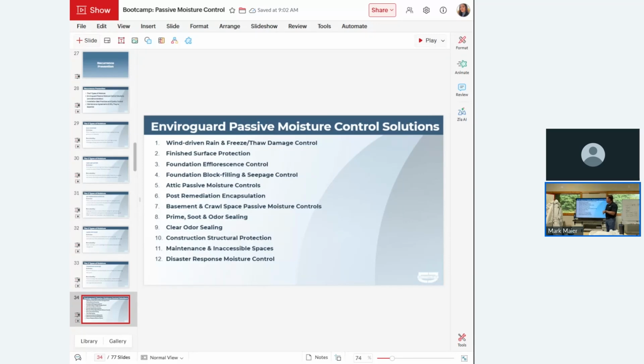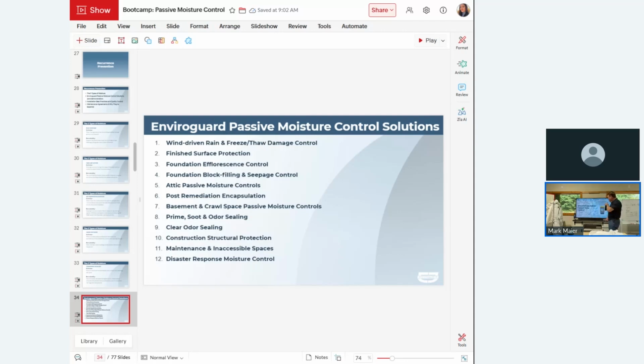We've got finished surface protection that we're going to talk about, foundation efflorescence, foundation block filling and seepage control, attic passive moisture controls, post remediation encapsulations, basement and crawl space passive moisture controls, priming and soot and odor sealing, and clean odor sealing. I threw those in there because it's really important for us to talk about the difference between a breathable product and a non-breathable product. And then we'll talk about construction structural protection, maintenance in inaccessible spaces, and disaster response moisture control.